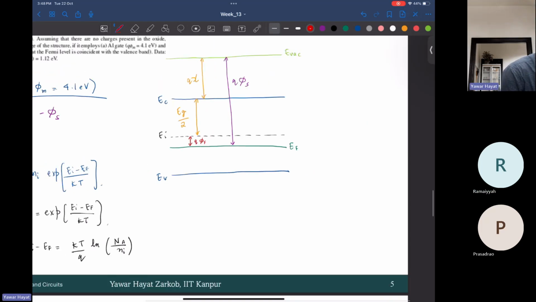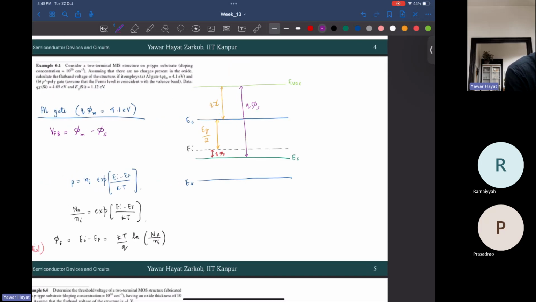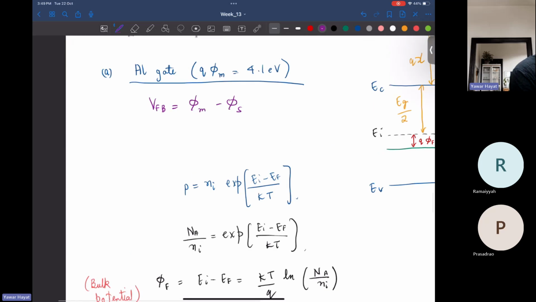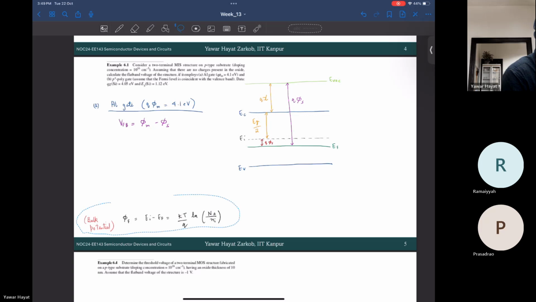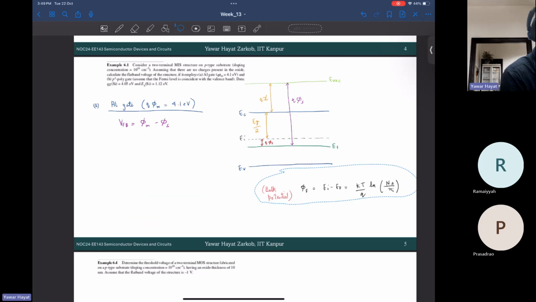Yes, sir. And now what will be Q phi s for us? Let's do one thing. Now we know how we obtained this, right? I can erase this off. Those who want to see can see the video. This is the quantity that we obtained.